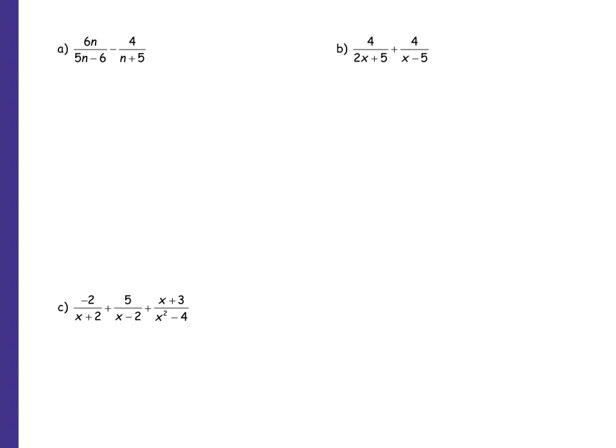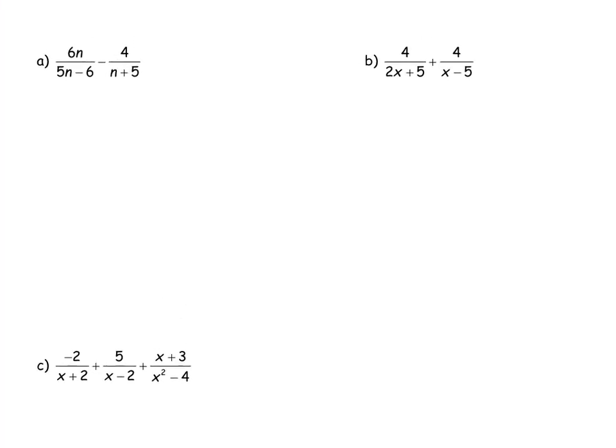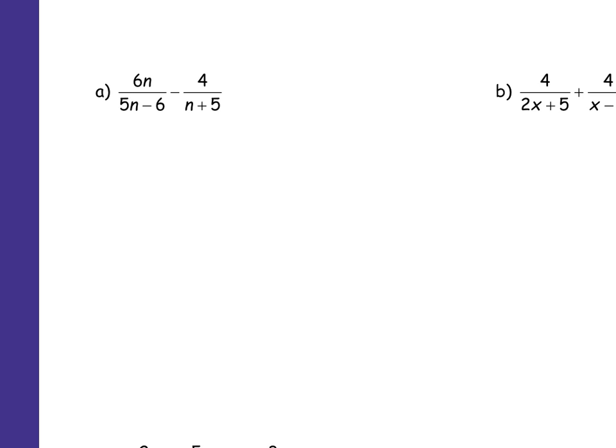Oh, my Lanta. Okay, what's my common denominator? If there isn't one, it's both of them. So it's 5n minus 6 times n plus 5. So I'm going to multiply this one by n plus 5, and I'm going to multiply this one by 5n minus 6.